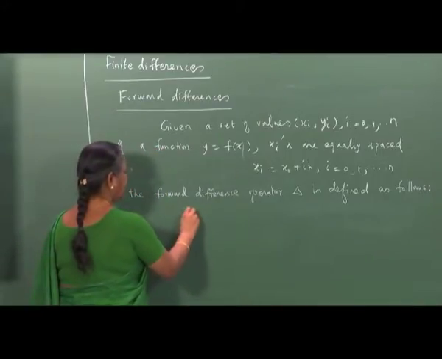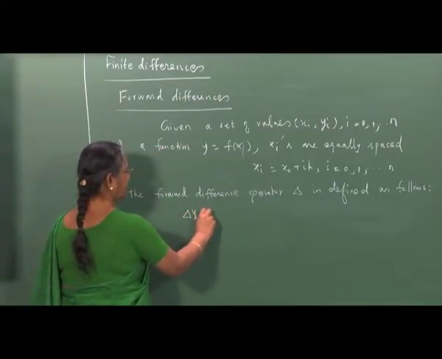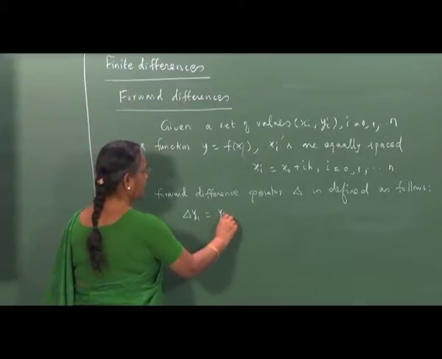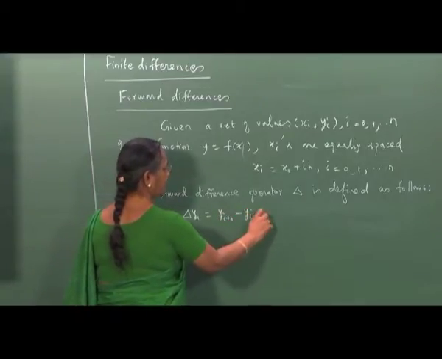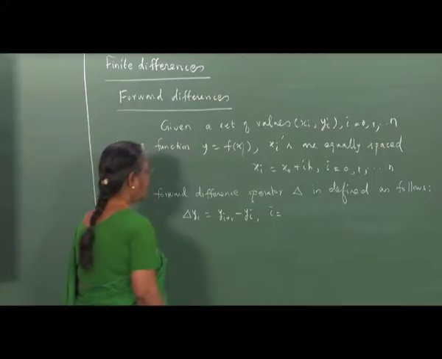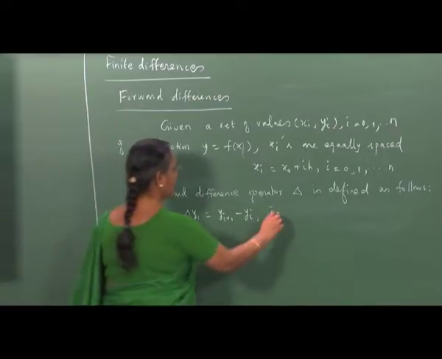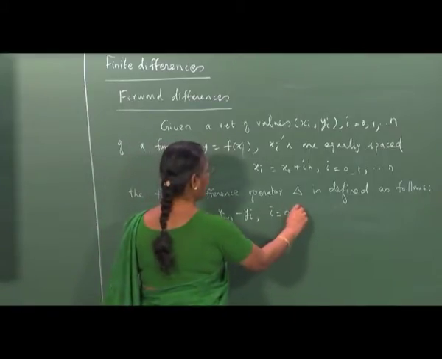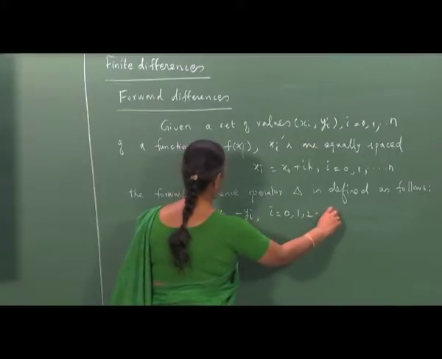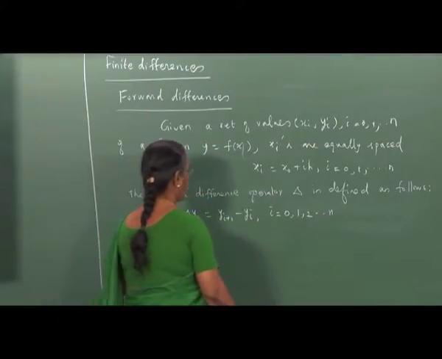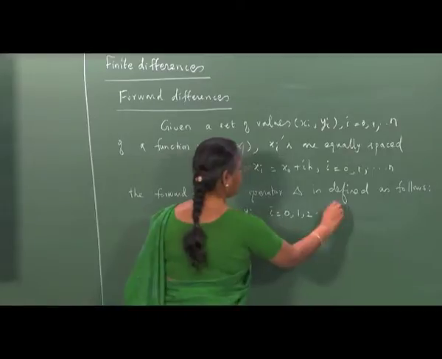So, delta on yi is yi plus 1 minus yi for i equal to 0, 1, 2, 3 up to n minus 1.